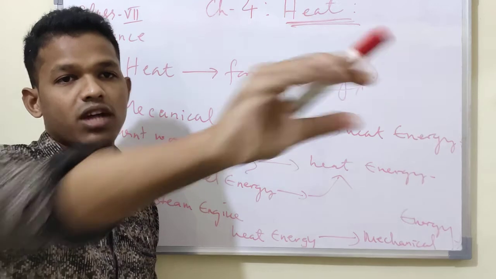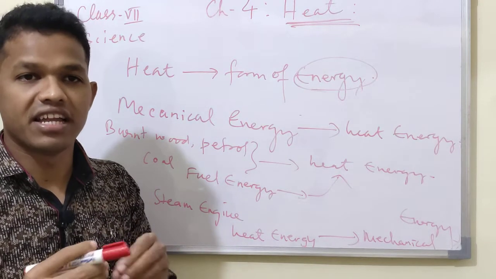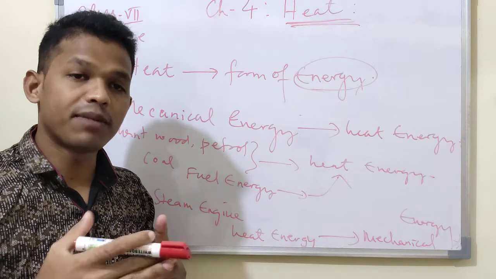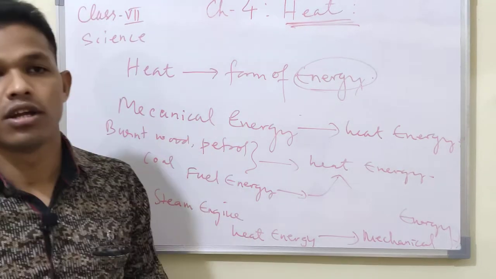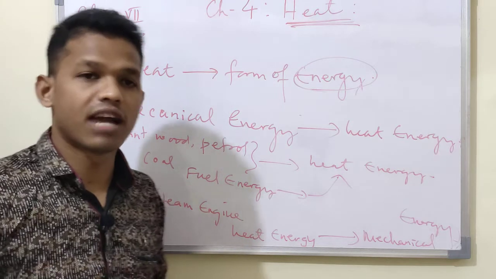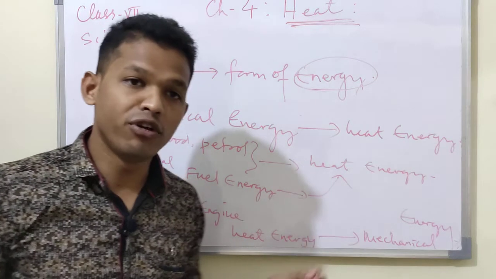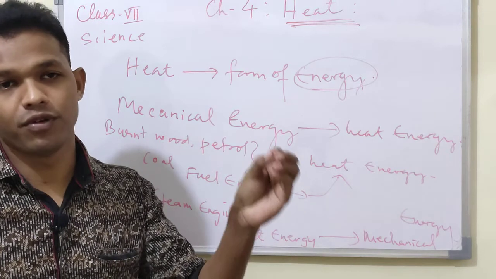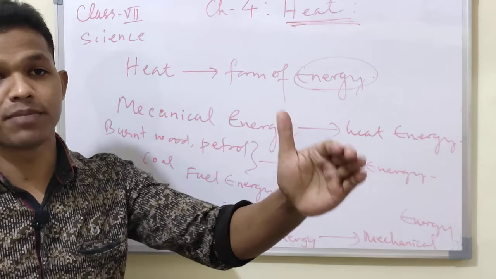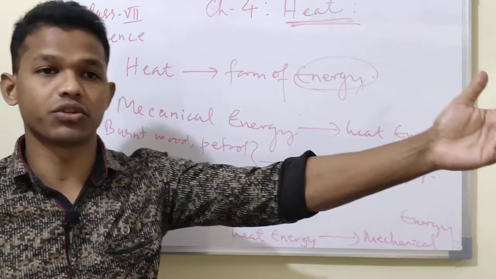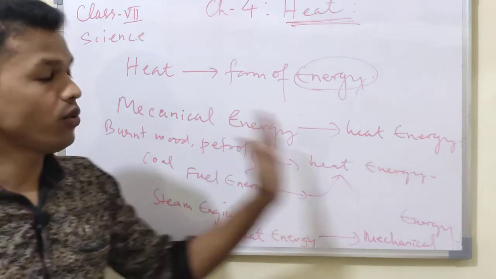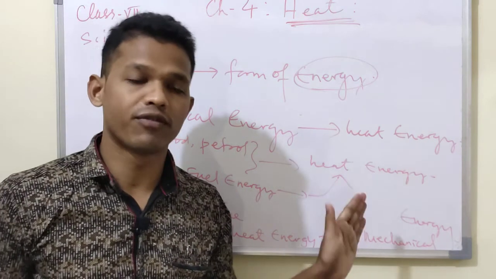This steam is passed to the turbine, where the steam expands. Due to the expansion of steam, it is converted into mechanical energy in the turbine. Here, fuel energy is converted into heat energy, the steam expands and is converted into mechanical energy. This mechanical energy is connected to a generator, where it generates electrical energy. So this is how energy is converted from one form to another.